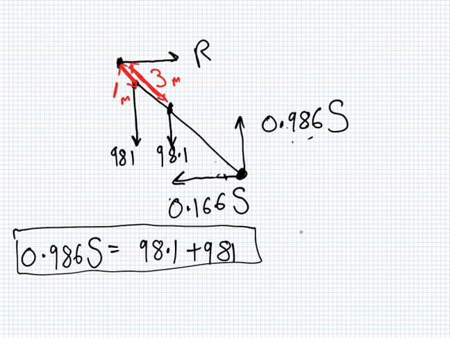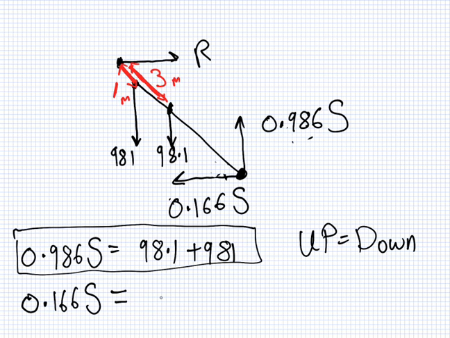This one here is saying that the up force equals the down force. So there's only one force going up, but there are two forces going down. Now what force is going to the left? 0.166 S. And what's going to the right? Just the one force, isn't there?